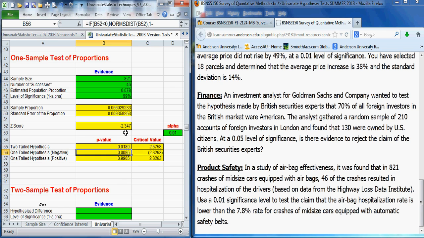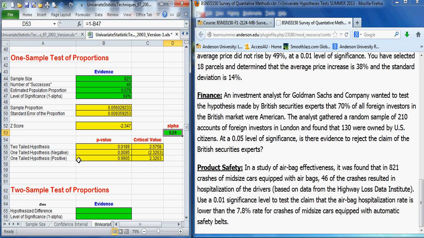The z-score is a negative 2.347. The critical value is a negative 2.326. So it's just barely larger, but it is indeed larger. So we would reject the null. The other aspect is that the p-value of 0.0095 is in fact less than 0.01. So based on these two tests, we reject the null.